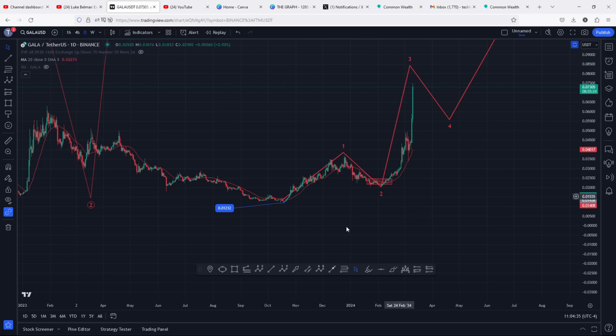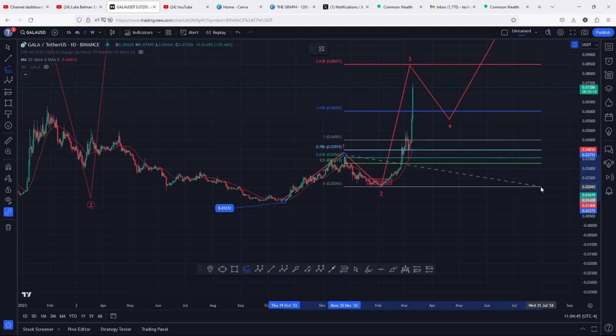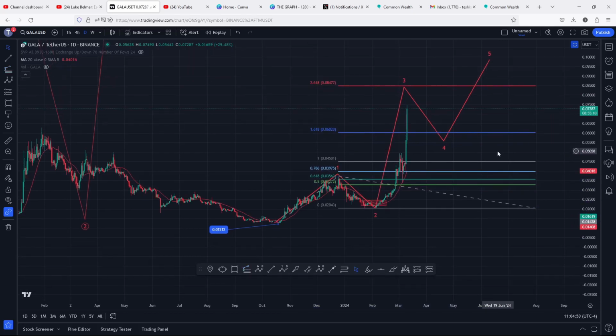whose minimum target areas can be given by connecting the trend-based Fibonacci from the low of the first wave to the high of that wave 1, then dragging the fibs to the low of the second wave, giving me a minimum target area at the fib level 1.618, and that is above the 0.06, which is an area that we have now fully maximized.